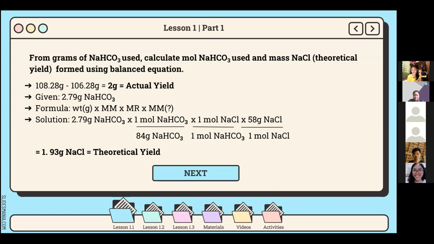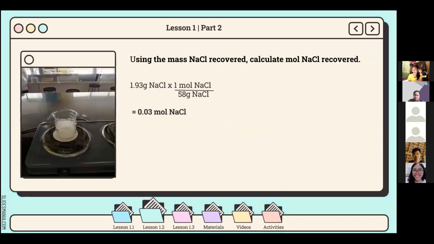So we write 1 mole of sodium chloride over 1 mole of sodium bicarbonate, multiplied by the molar mass of what is asked, which is 58 grams of NaCl over 1 mole of NaCl. Our answer is 1.93 grams of NaCl. It is our theoretical yield.